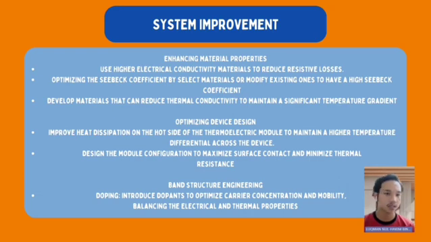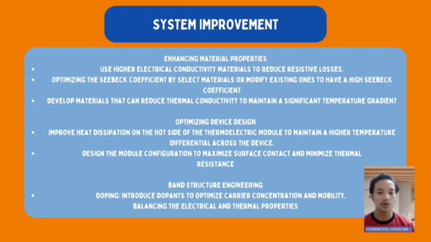By selecting materials or modifying existing ones to have a high Seebeck coefficient, or developing materials that can reduce thermal conductivity to maintain a significant temperature gradient. This helps so that the temperature cannot be released to the surrounding.